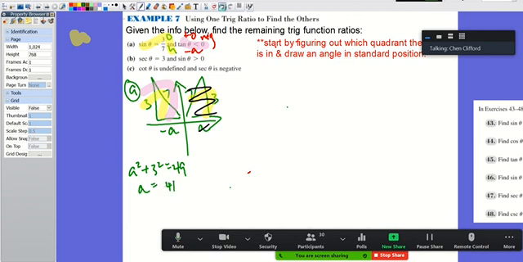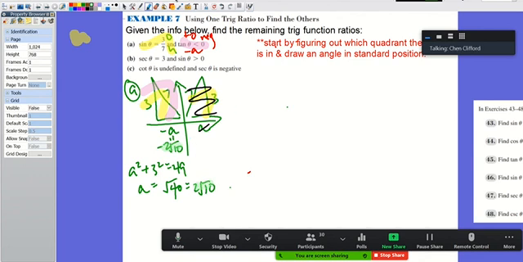Whoops, what am I doing? I'm tripping out. A equals root 40, which equals 2 root 10. So this is going to be negative 2 root 10. I'll do that in green.